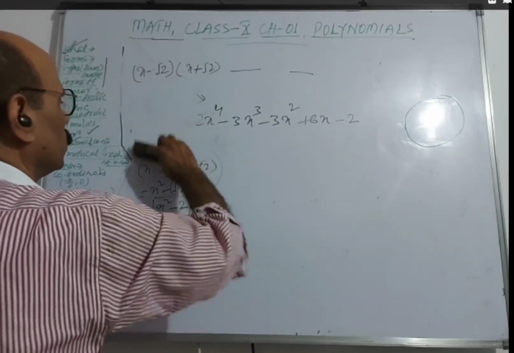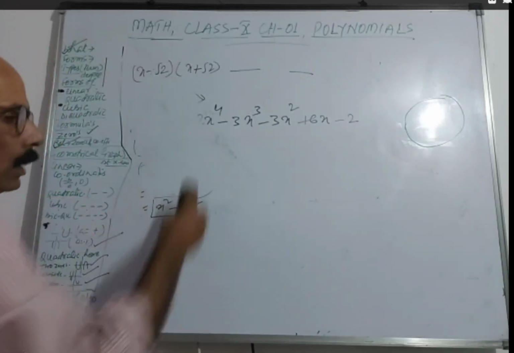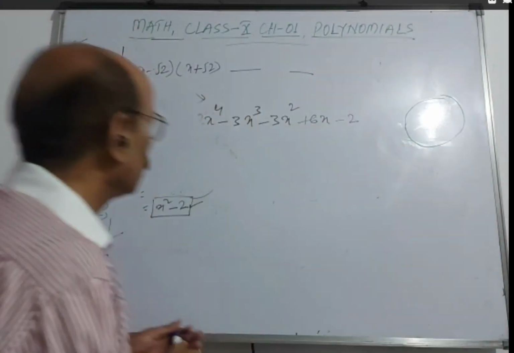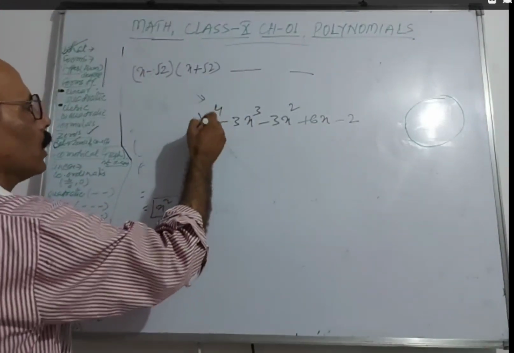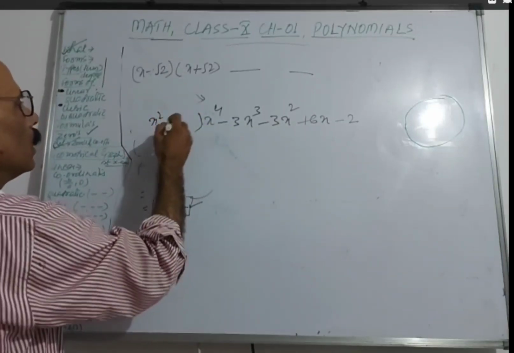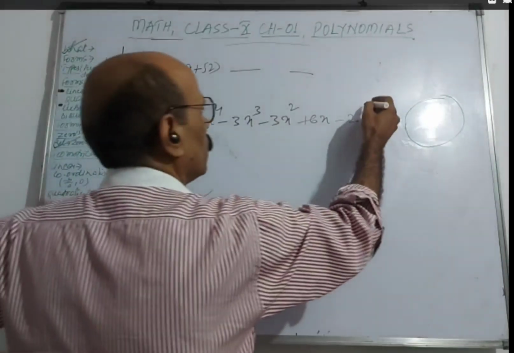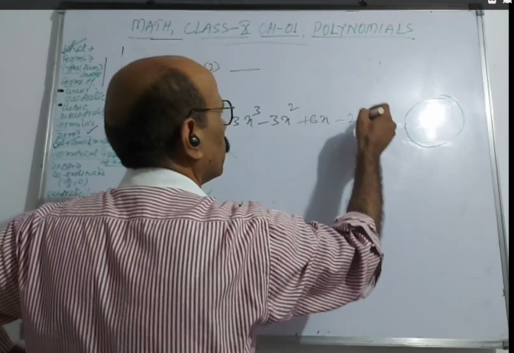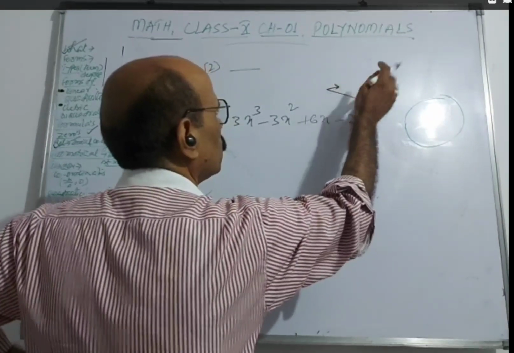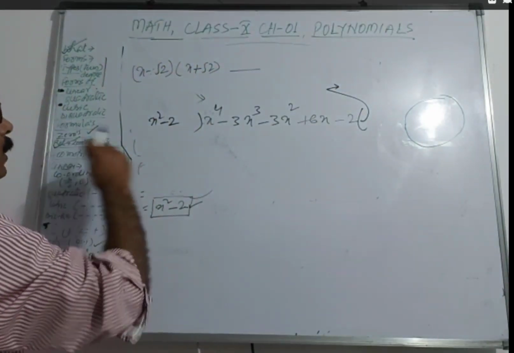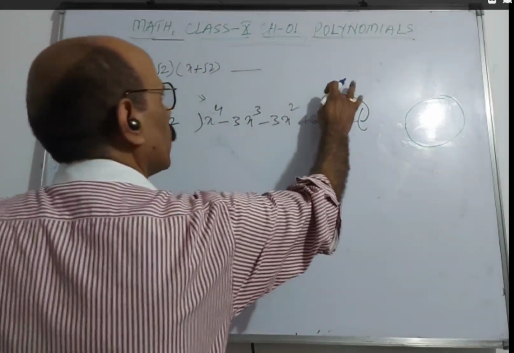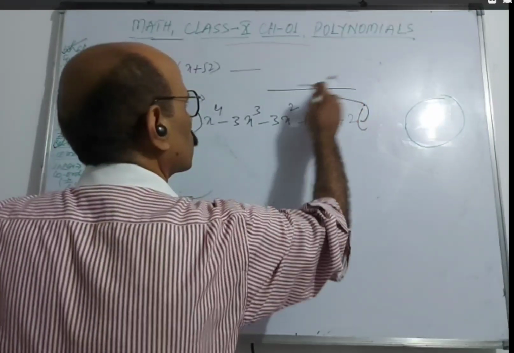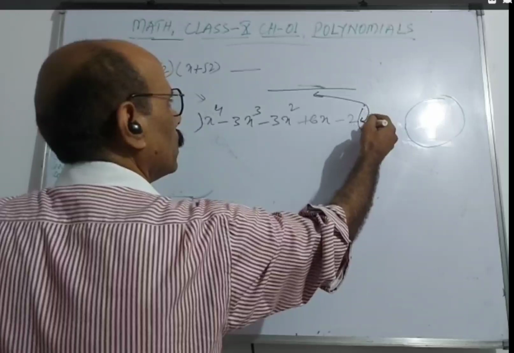Suppose this is x square minus 2. Then we can divide this by x square minus 2. How many times? Here I'm writing the quotient.